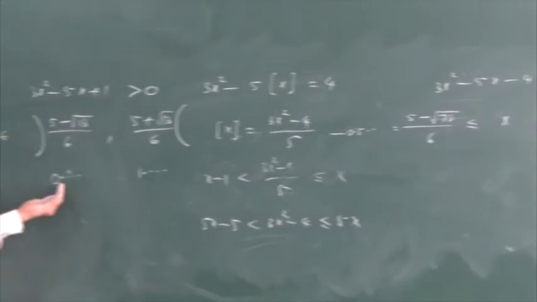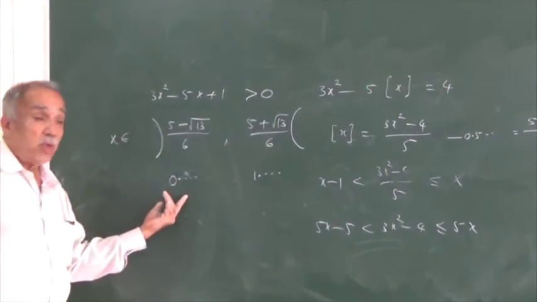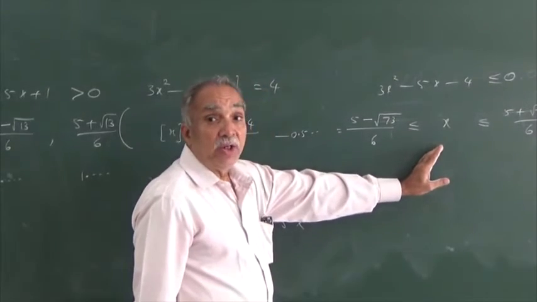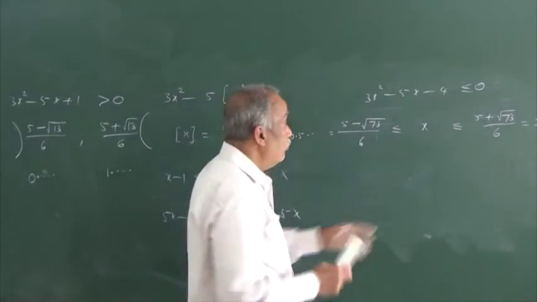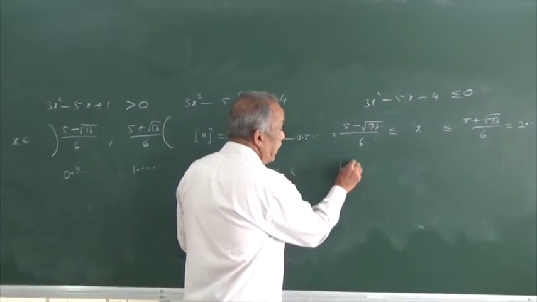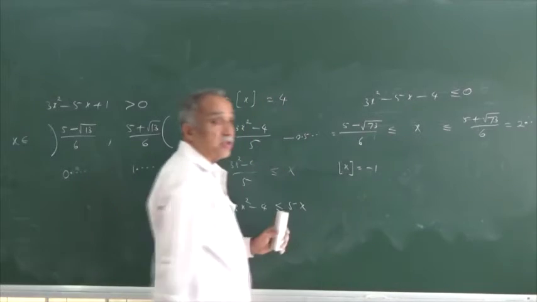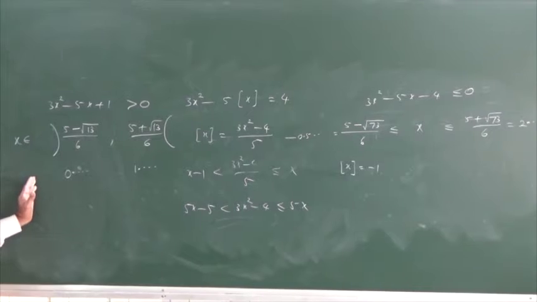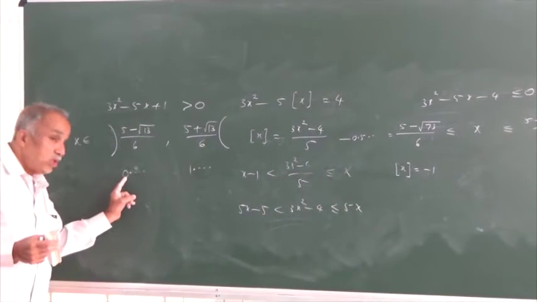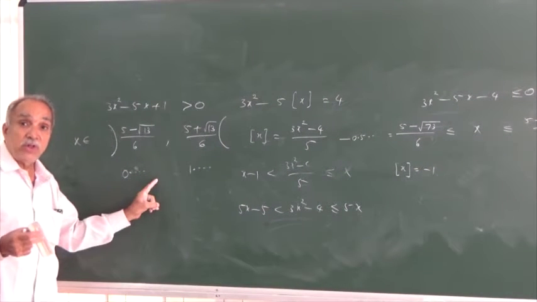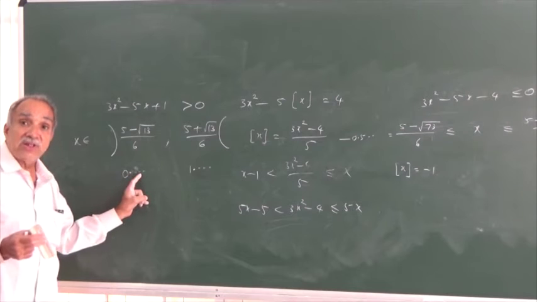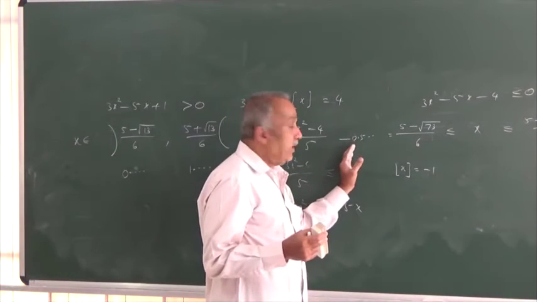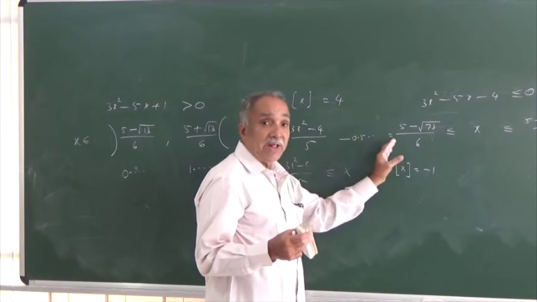My x is to this side of 0 point something and to this side of minus 0.5 something. Therefore, one possibility is integer part x equal to minus 1. x is to the left of 0 point something, and this is 0 point something, not 0, the value is actually slightly more than 0, and this is definitely a number greater than −1 but less than 0.